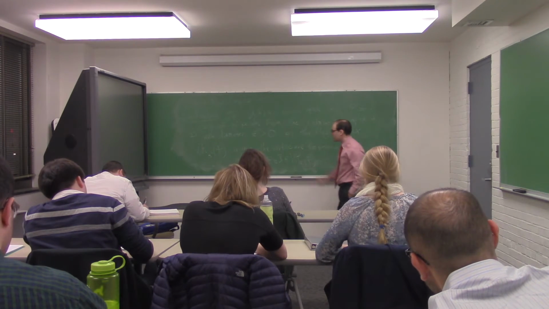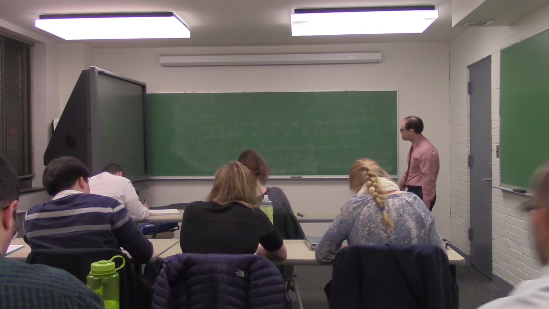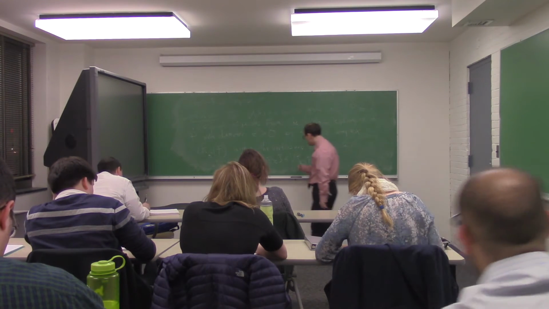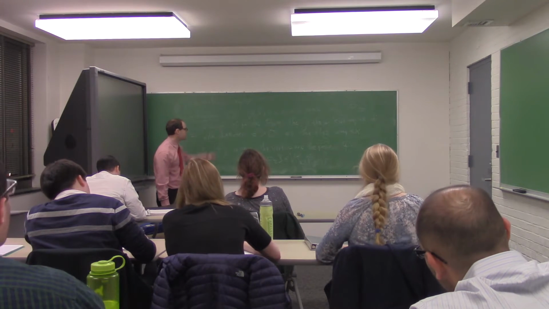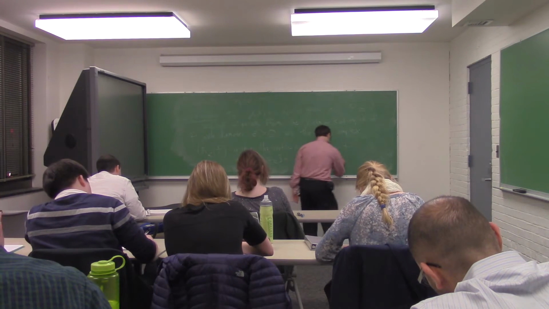And so I'd say that P1 and P2 are an edge in this complex whenever the distance between them is epsilon or less.